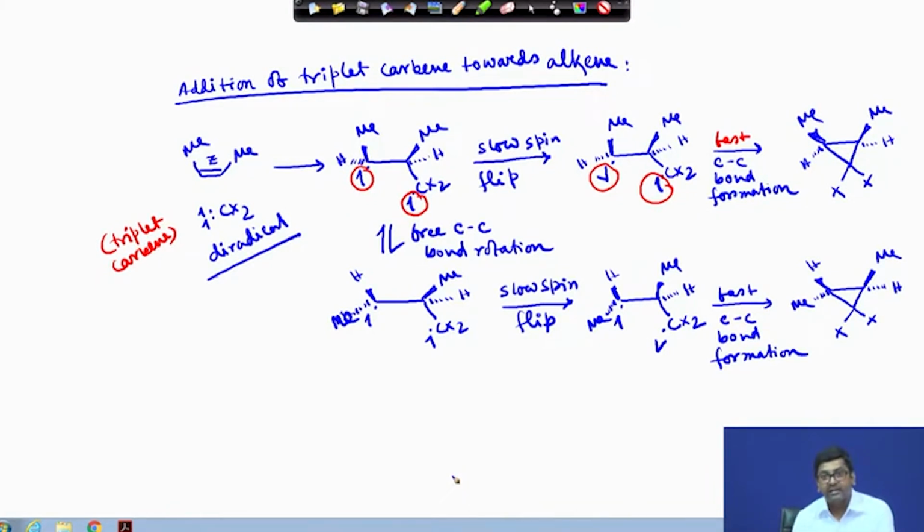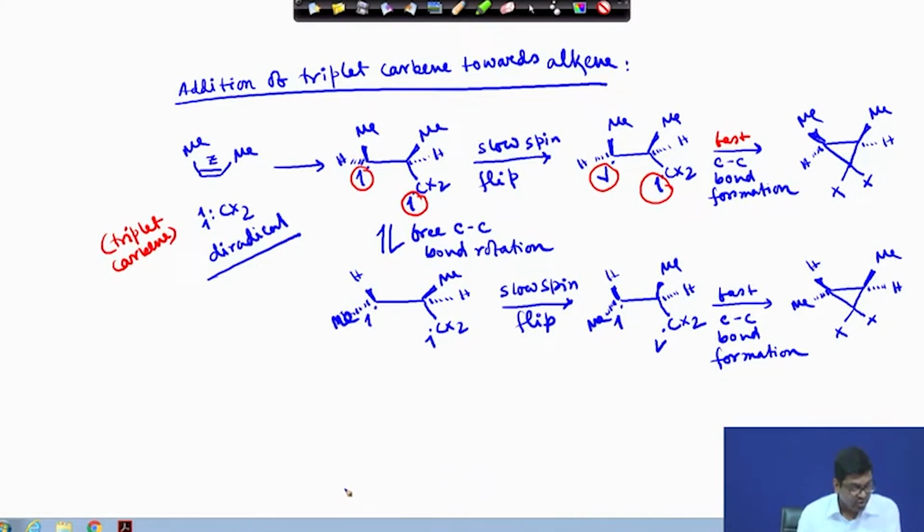In general, in reactions there will be solvent, so if it collides with a solvent molecule, only then can it go for the spin flipping. Once this spin flipping happens, only then can it make this carbon-carbon bond. So, the addition of this triplet carbene towards alkenes, we can call these reactions stereoselective.